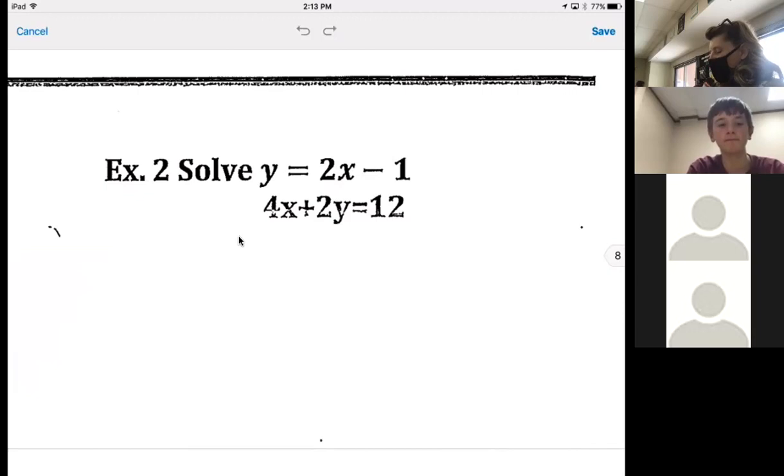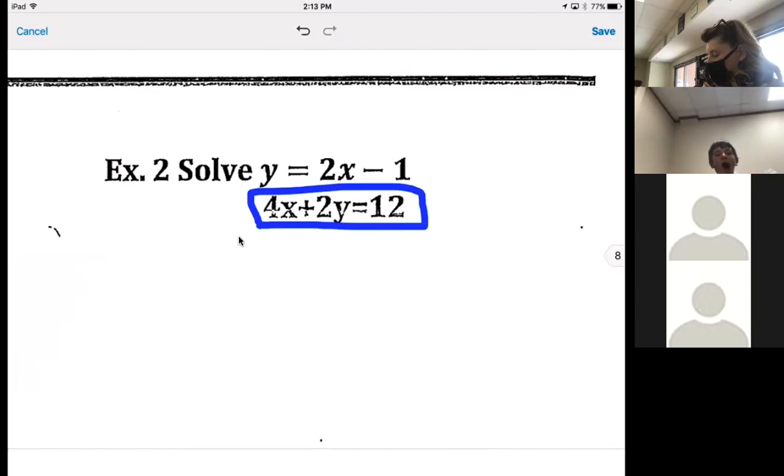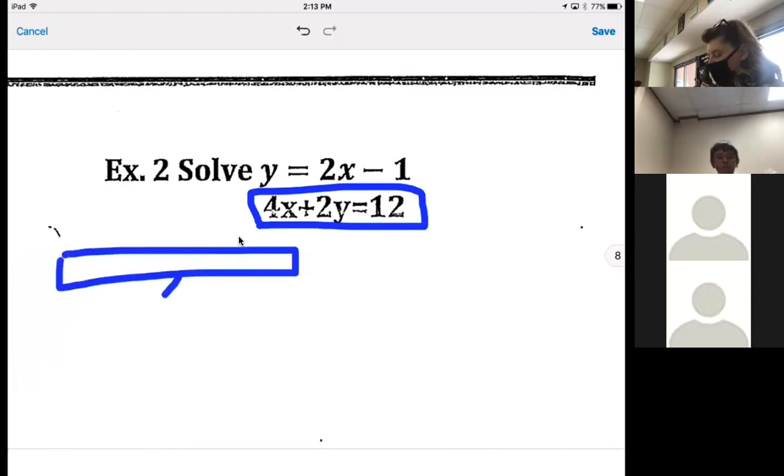Okay. So this one's a little different because they're not set in the y equals format. One of them is. The other one is in a different format. So what we're going to do is take this bottom one, and that's the one we're going to set up in the teeter-totter. So we have 4x plus 2y over on this side, and that equals 12.